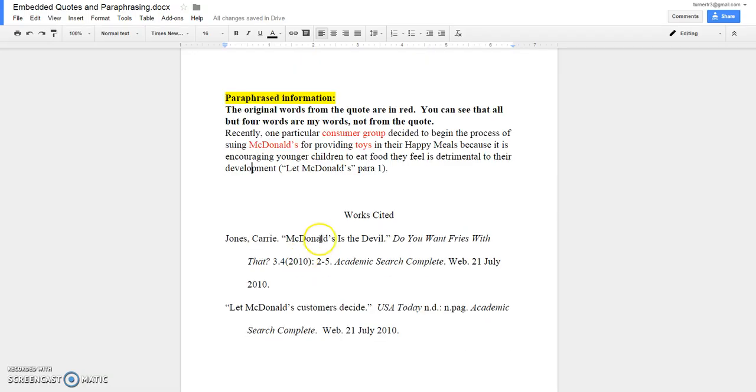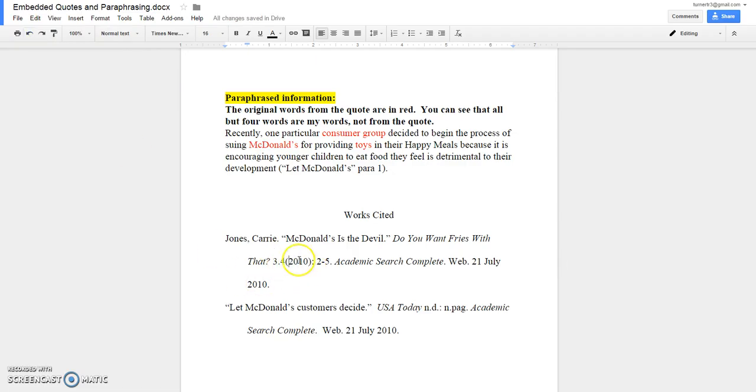And then finally, I have a works cited here at the end. This one's from a database. For a database citation, you have the author's name, the title of the article, the title of the journal it was published in, the volume, a period, and then the issue.